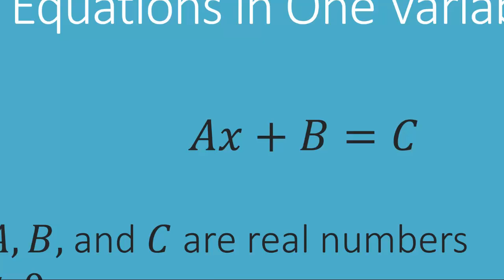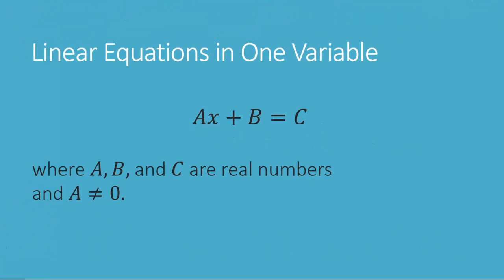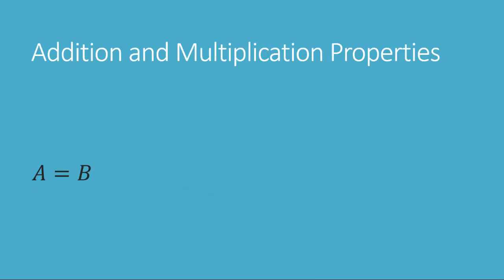Linear equations always have x to the 1 right here. In a linear equation, there is never something like x squared or x to the 3rd or even to the 8th. It's always just x all by itself.